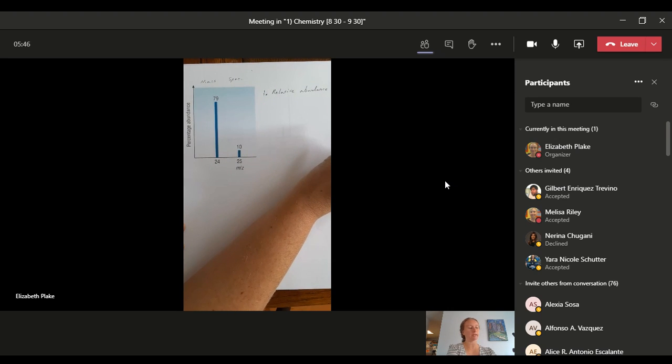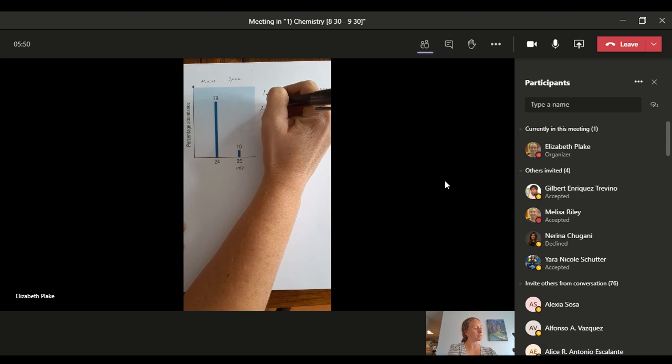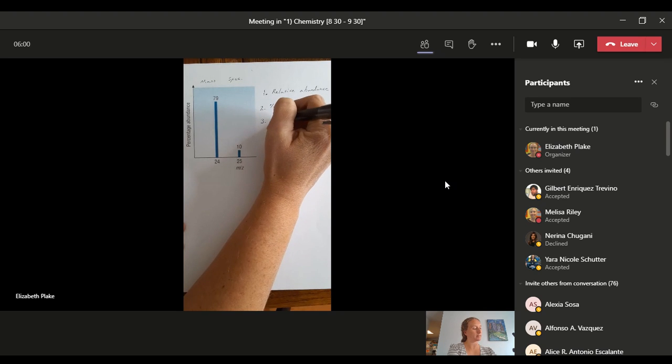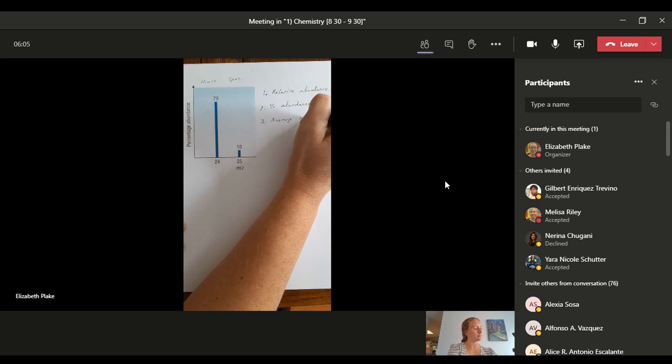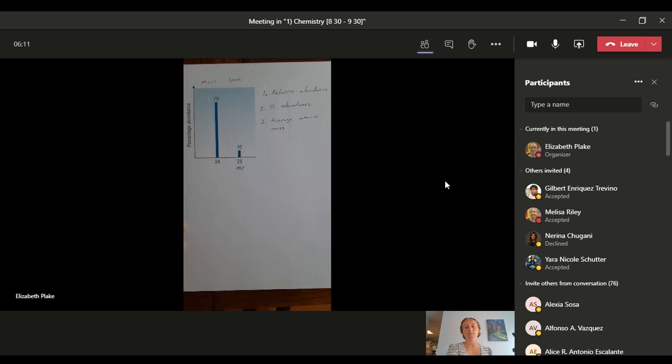Second thing is the percent abundance. And the third thing is the average atomic mass. So these are the 3 things we're going to be calculating for each graph.